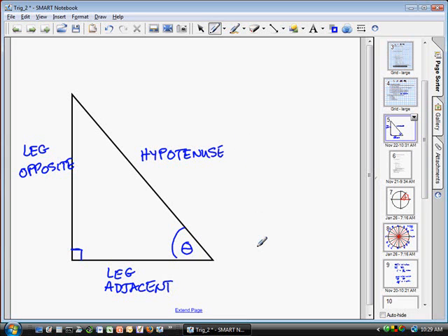And now, the basic definitions of our trig functions. The sine, abbreviated SIN, is equal to the leg opposite divided by the hypotenuse.